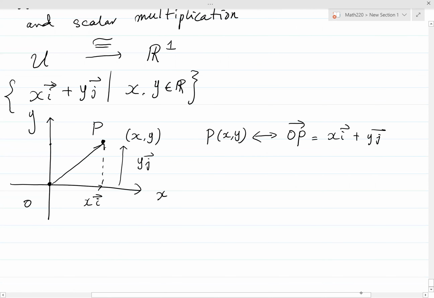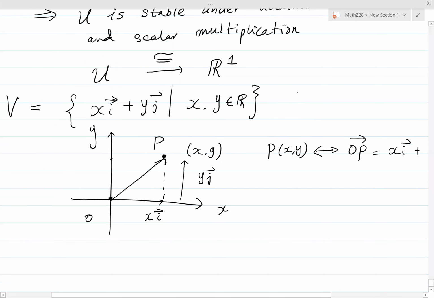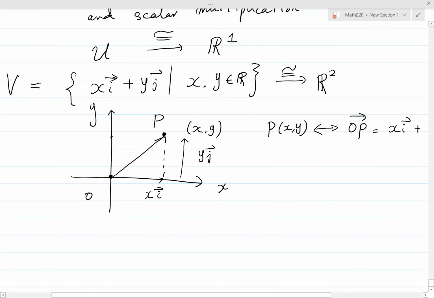So this V corresponds to the xy plane, R2, the two-dimensional space. You can easily check that if you add two vectors, the result again lies in this plane.